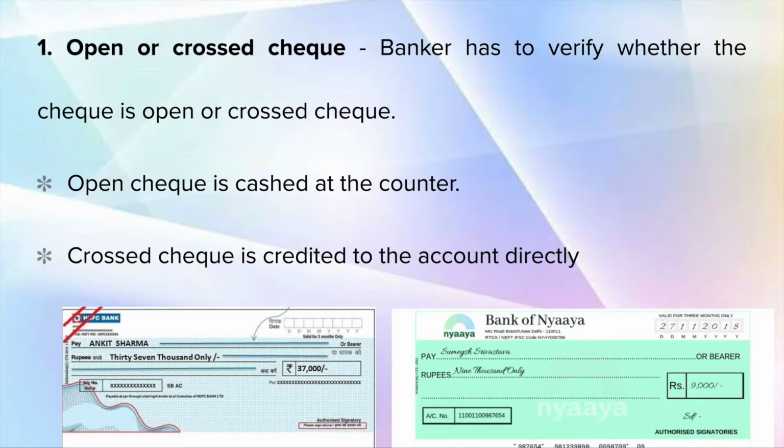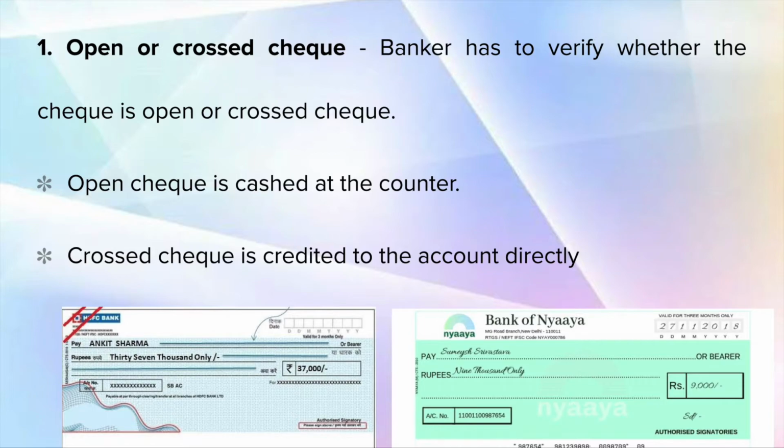Now before Canara Bank honors the check leaf, they have to check whether it is an open check or a crossed check. Because what happens when it is an open check? An open check can be encashed at the counter. So when you show it at the counter, immediately they will encash it. Or if it is a cross check, it is credited to the respective account directly.